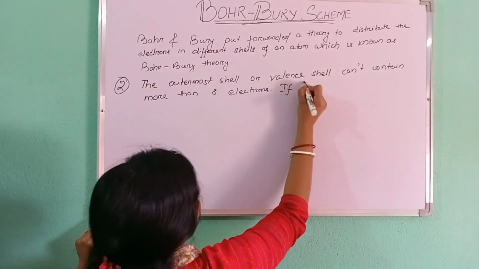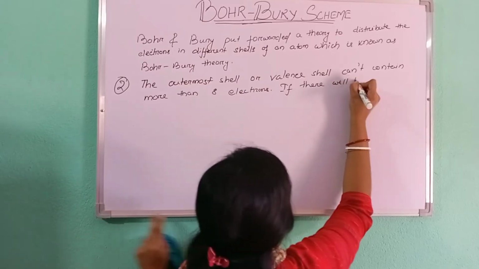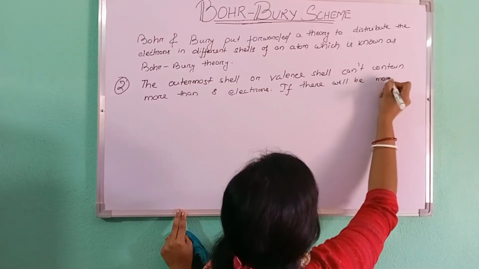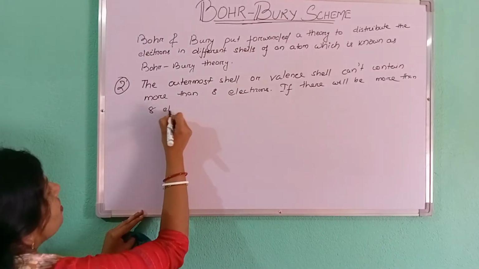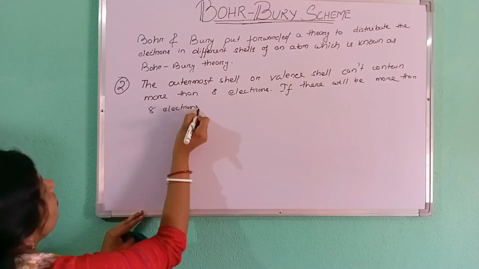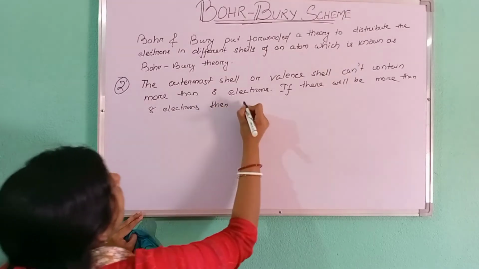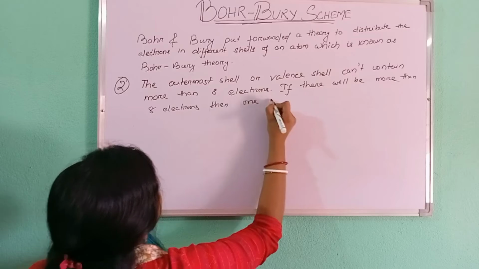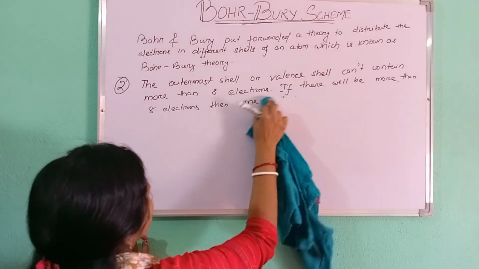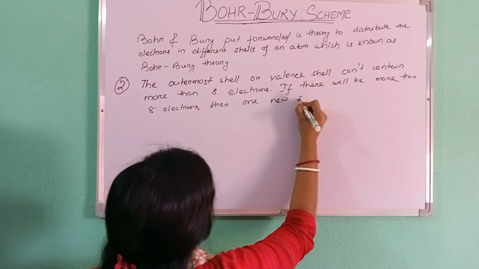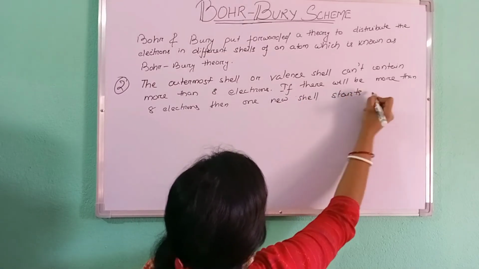If there are more than 8 electrons, then one new cell starts immediately.